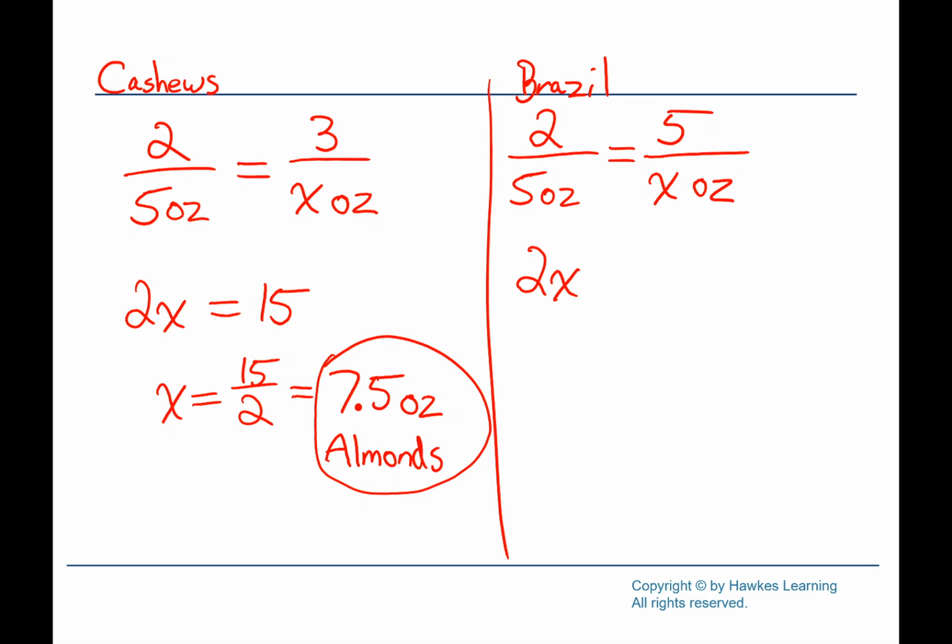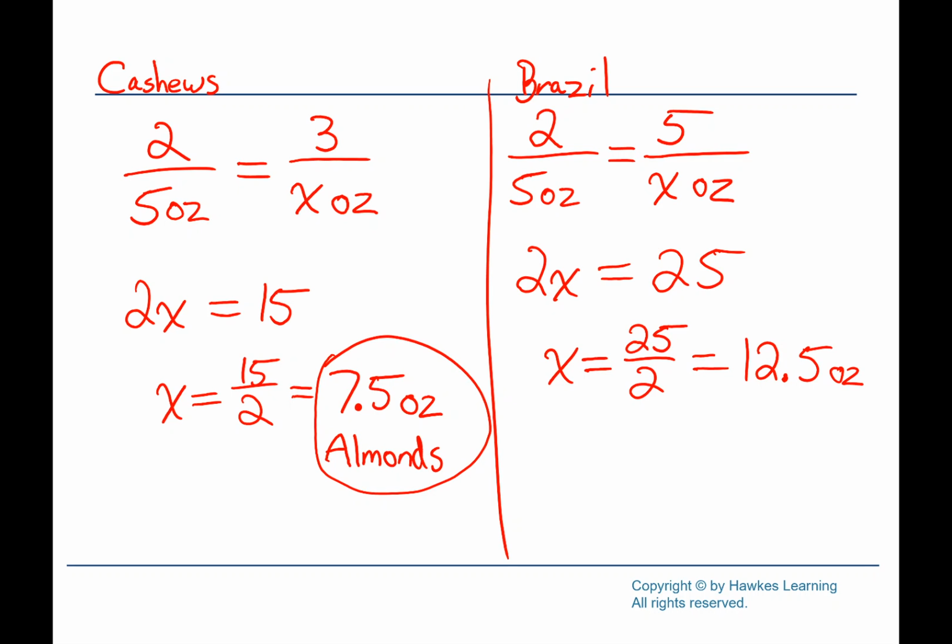Here, 2x equals 25. Divide both sides by 2. This time we'll get 12.5 ounces. That's Brazil nuts.